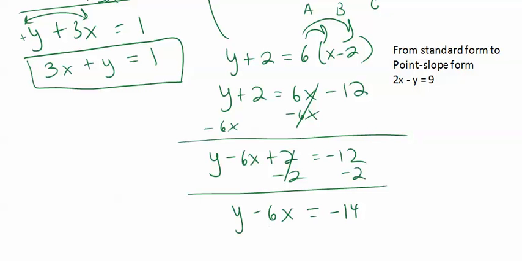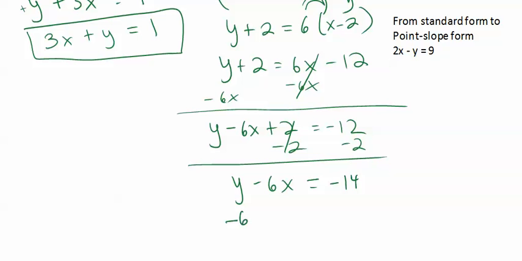And in this case, remember that the a should be positive, and when I rearrange those two to 6x plus y, a was not positive, so that means I have to multiply by a negative. That means every sign in each term is going to become the opposite of what it was.